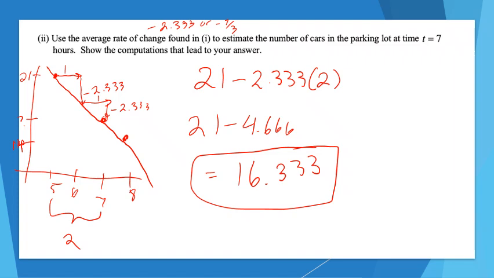This can typically be done by taking the coordinate of your earliest point, right? So in this case, it's 5, and we want to take our y coordinate of 5. So y coordinate of the early point, and then you want to do plus your slope, in which case our slope was a negative number, times the distance between our t value and the early x coordinate, between 7 and 5 in this case.